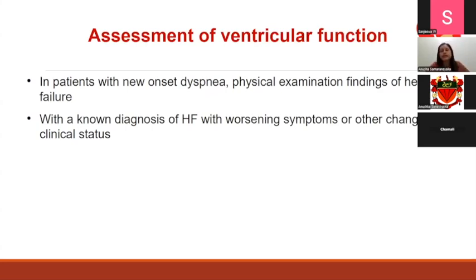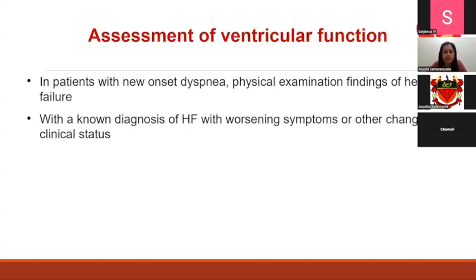And then in a patient who is already diagnosed with heart failure, if there is any worsening of symptoms since the diagnosis, then we have to perform the echo again. For example, there is a patient with heart failure whose ventricular function assessment was done a couple of months ago.